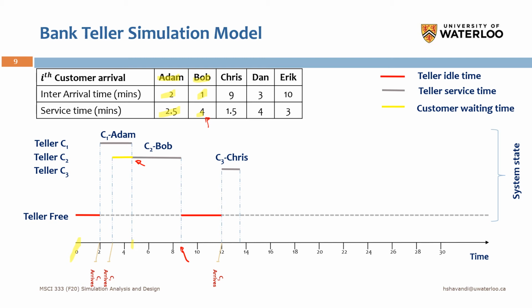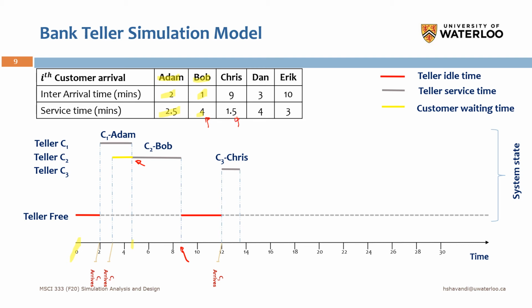As you see here, from 8.5 up to 12, the teller is again free, because there is no customer in the system for service. So the teller will be free from 8.5, after completing serving Bob, up to 12. At time 12, the teller will serve Chris, and as you see here, the service time for Chris is just 1.5 minutes.